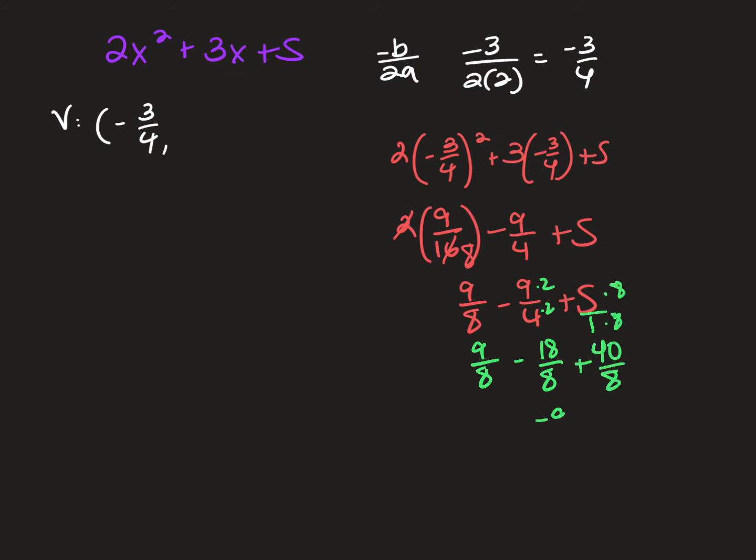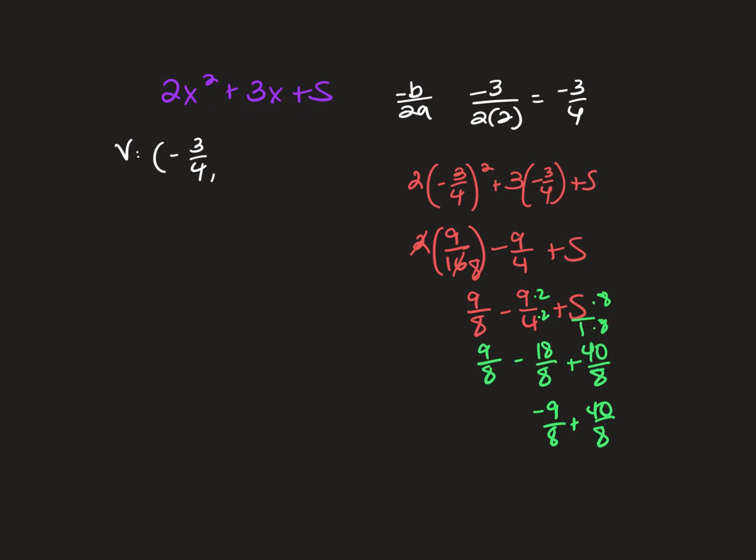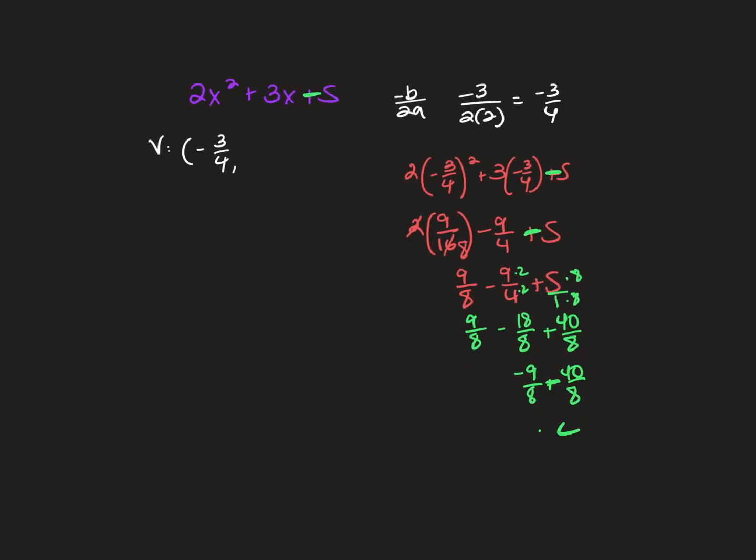And I get negative 9/8 plus 48. Wait, this should be minus. This on the right, it's a minus on the initial. Am I right? Yeah, sorry, that should have been minus the whole way. So this would be minus, negative, the question itself was minus 49/8.